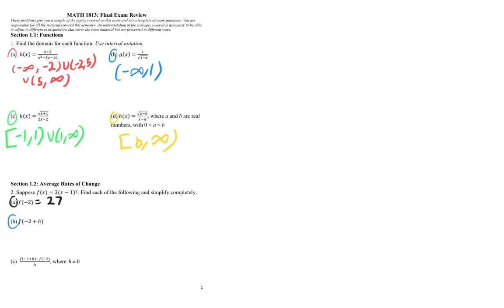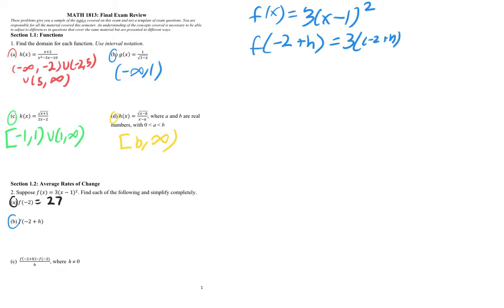Okay, now looking at part B, we still have f of x is equal to 3x minus 1 squared. So we now have f of -2 plus h. So anywhere we see an x, we're going to plug in a -2 plus h. So we're going to have 3 times -2 plus h minus 1 squared.